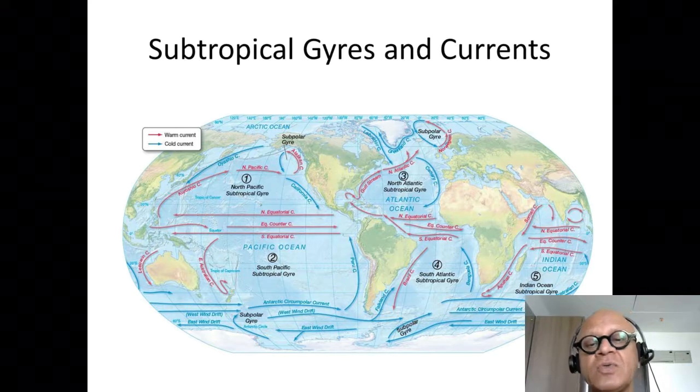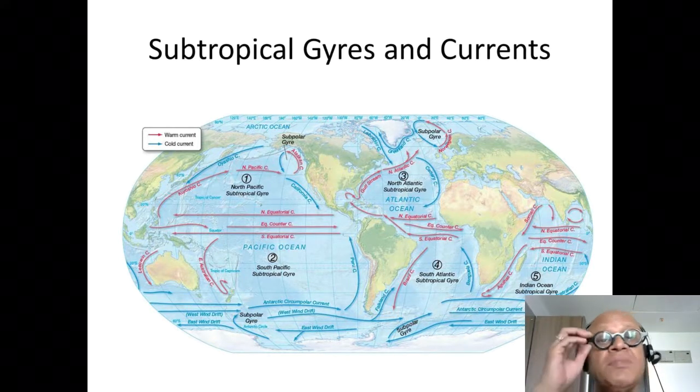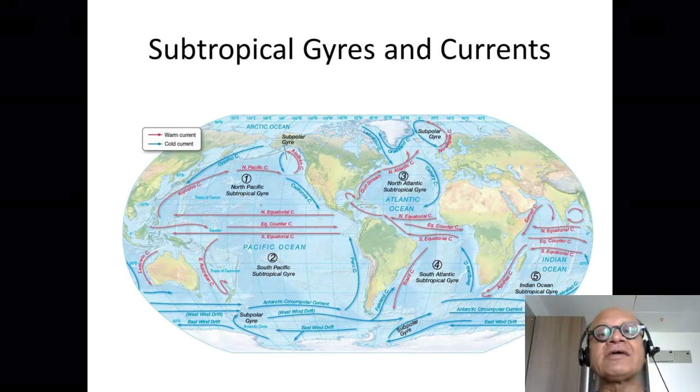Okay, so let's start in the deep tropics, where we have the trade winds pulling the water from east to west, especially in the Atlantic and Pacific Oceans.